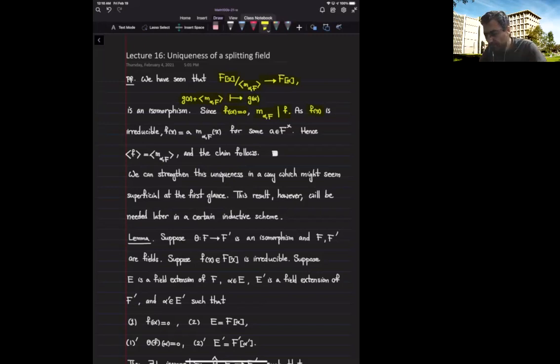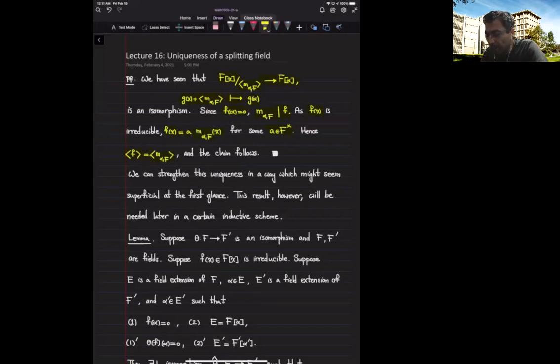So altogether, we deduce that this polynomial f can be written as a non-zero constant polynomial a times the minimal polynomial of alpha over F. Because a is a unit, that implies that the ideal generated by f is equal to the ideal generated by the minimal polynomial of alpha over F.